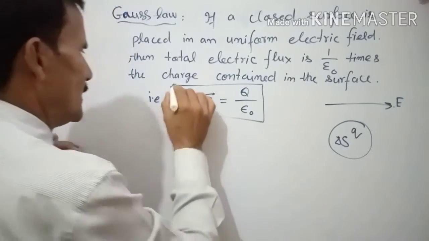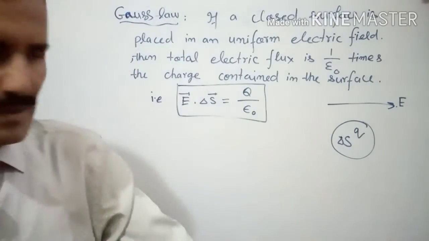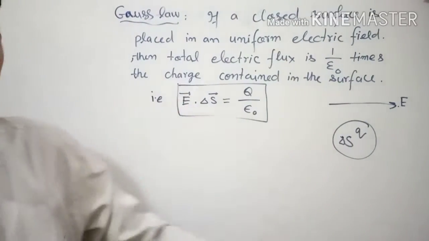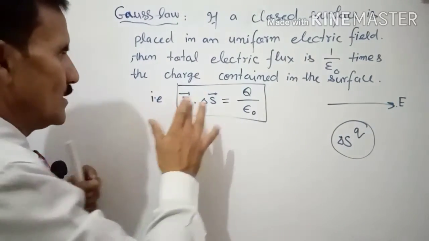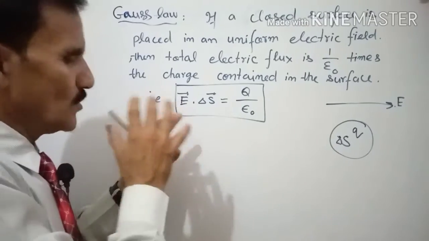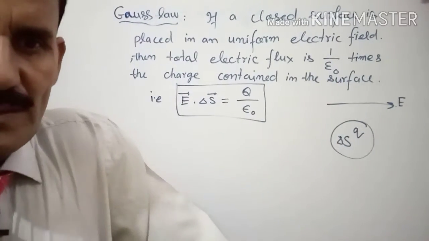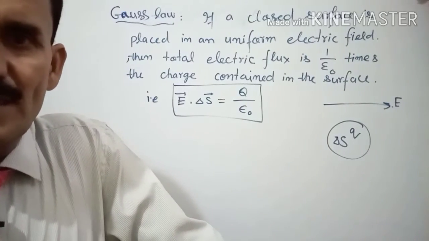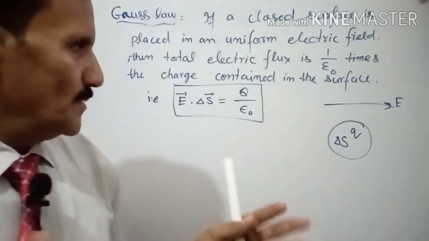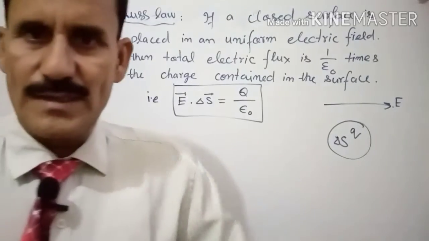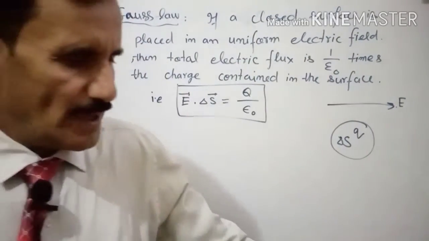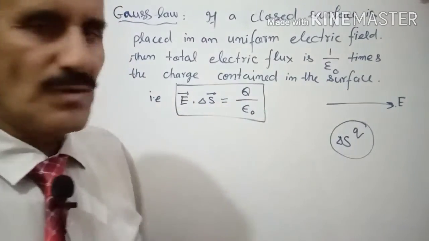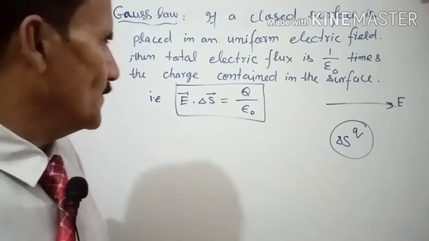This is the mathematical form of the Gauss law. Here we are taking the small area. If you are taking the whole area, then also you can do. But in fact, this was defined for the small area element, and by summing we get the total electric flux for the whole surface. So it is better to write the concepts in this form.